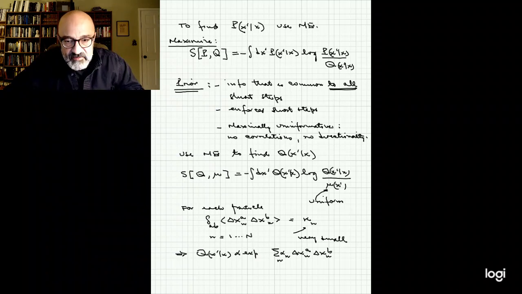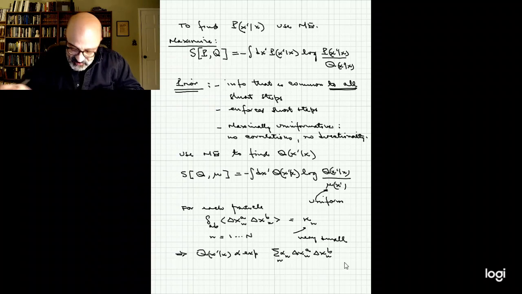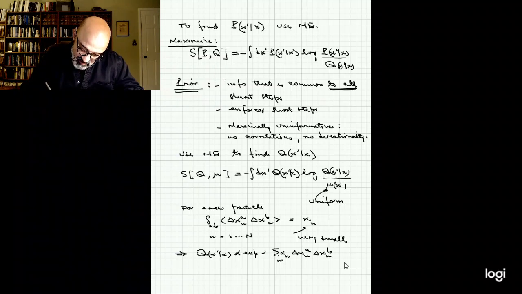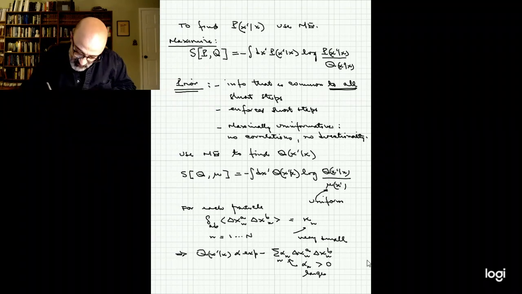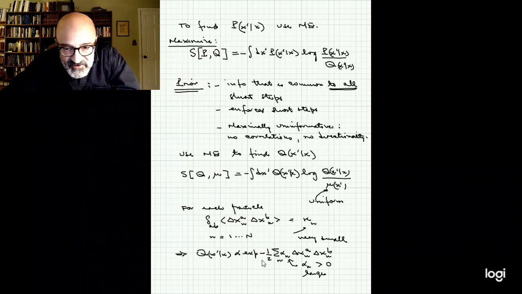And furthermore, we want this to describe short steps. So we're going to put a minus sign here, and require that alpha n be positive and large. For later convenience, it's good to introduce a 1/2 there, which just amounts to rescaling the Lagrange multiplier, because you can see that this is a Gaussian.